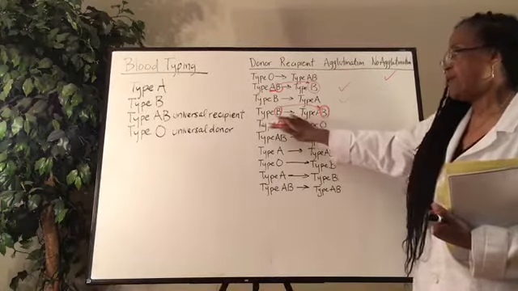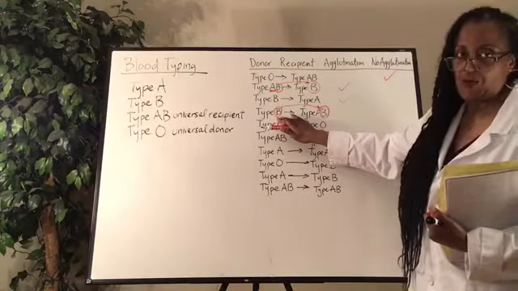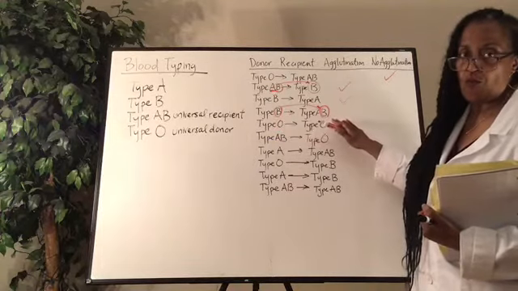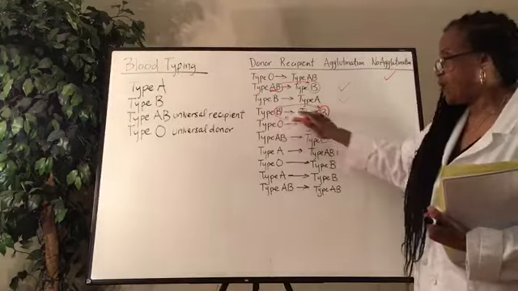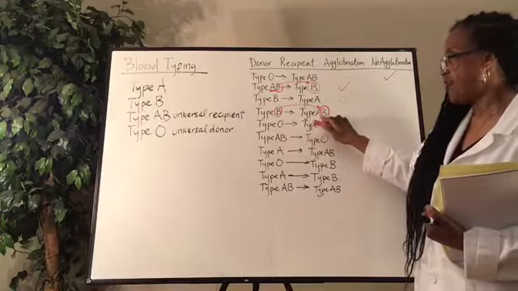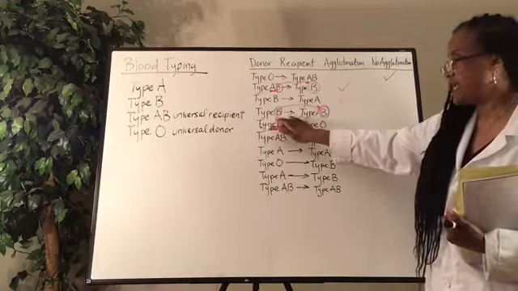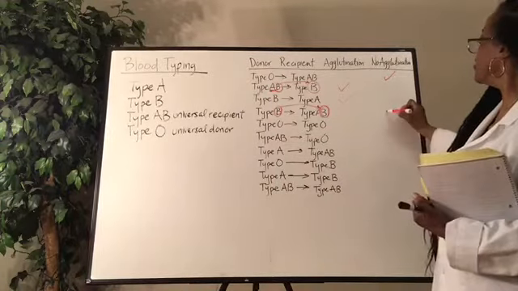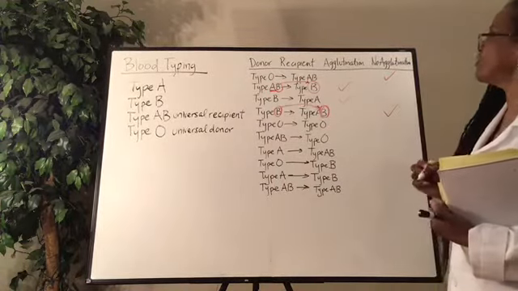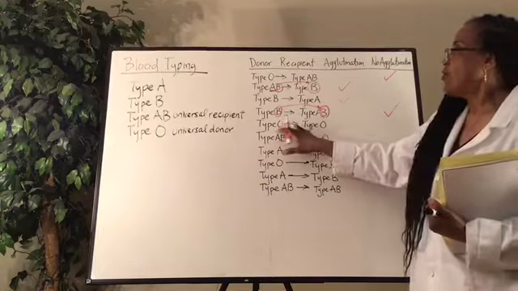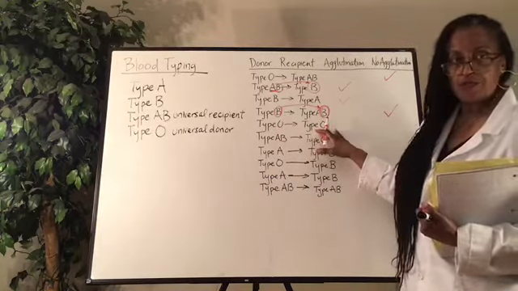B is not bringing anything else with it, nothing foreign. So B recognizes B. I know that's an AB, but it can accept that B because the B isn't bringing anything else with it. So that is no clot, no agglutination. Type O wants to donate to a type O recipient.